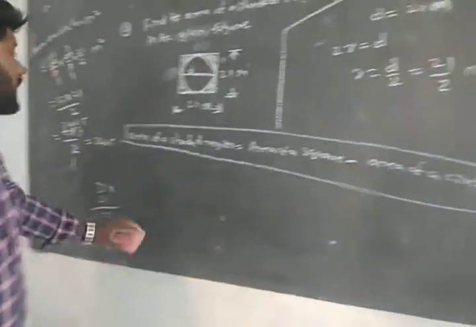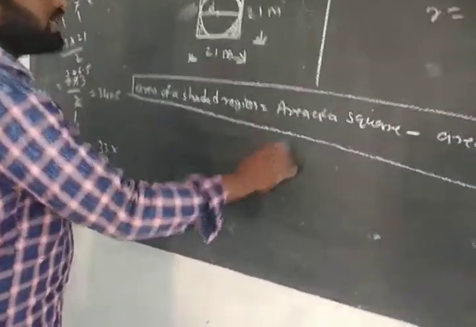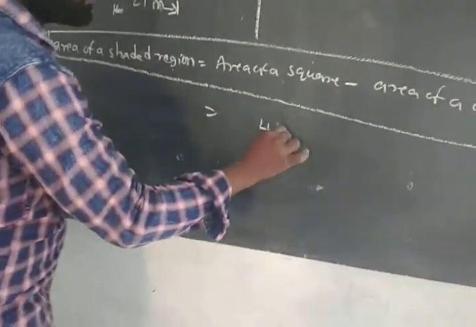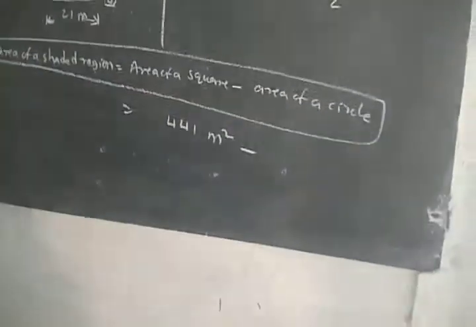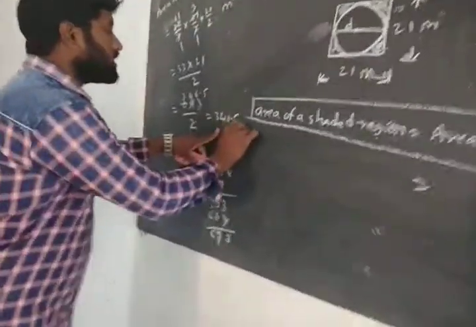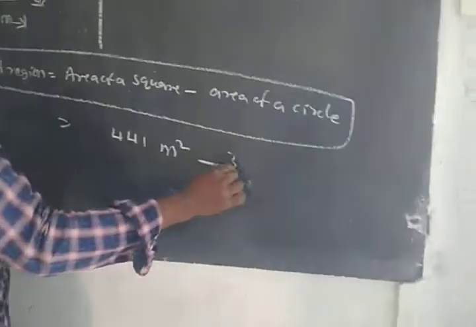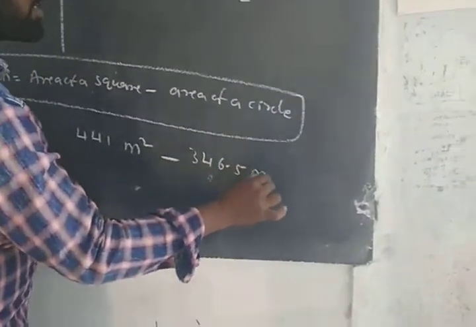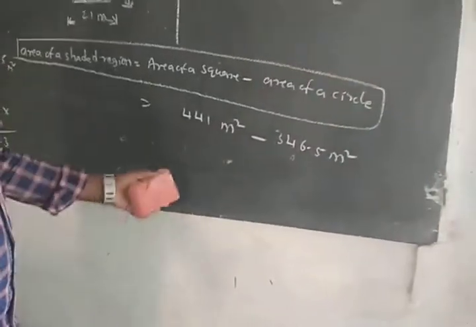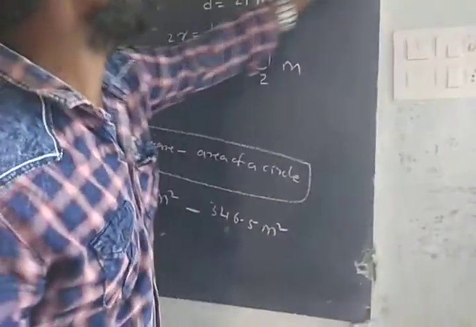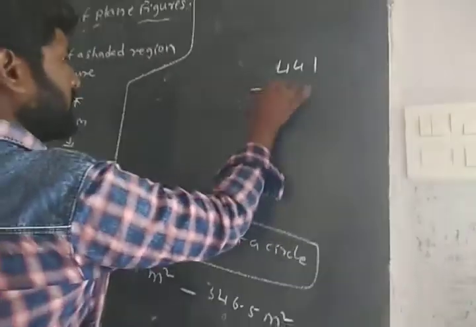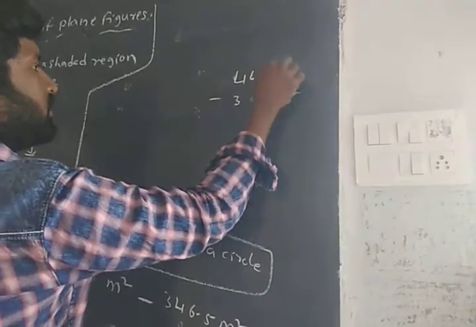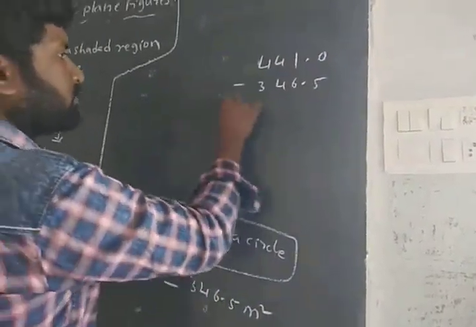Now what am I doing? If you want the area of the shaded region, it is the area of the square, that is 441 square meters, minus the area of the circle, that is 346.5 square meters. By doing subtraction, 441 minus 346.5. Take here 0.